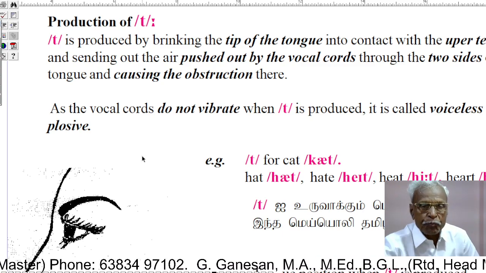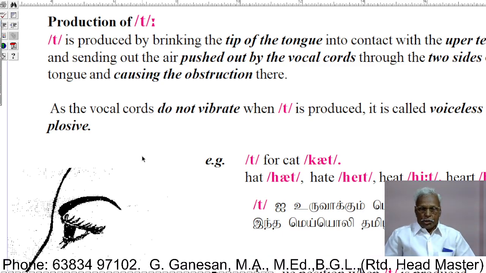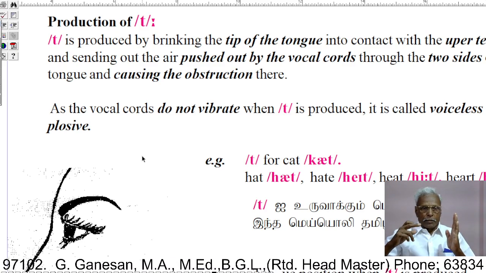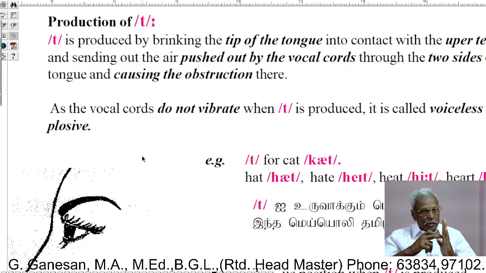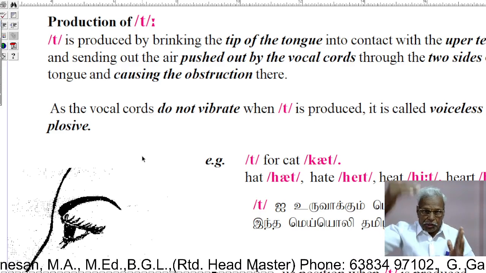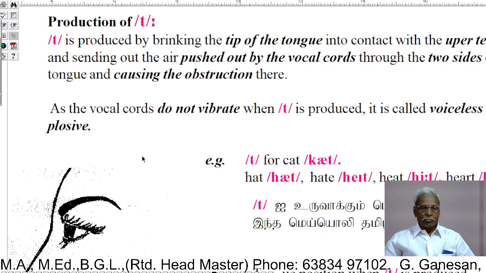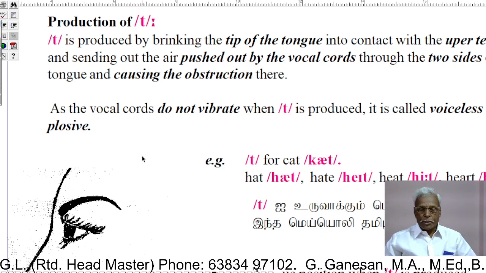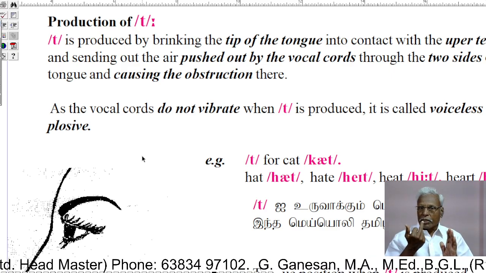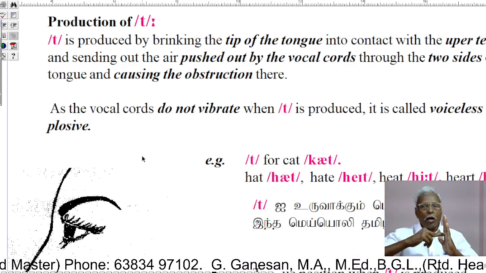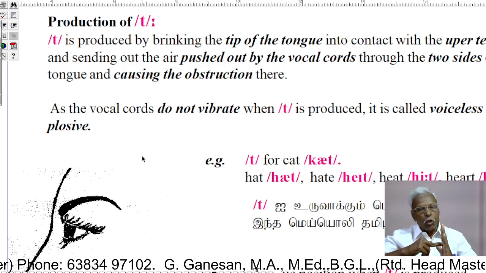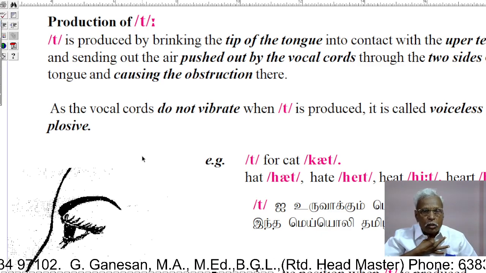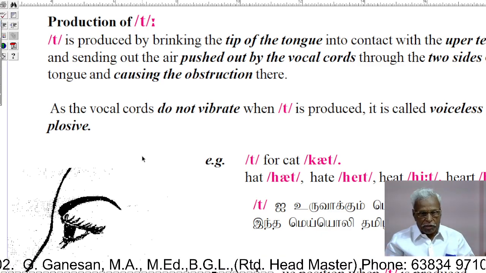This phoneme, /t/, is produced by bringing the tip of the tongue into tight contact with the upper teeth ridge and sounding. When this phoneme is produced, the vocal cords do not vibrate.